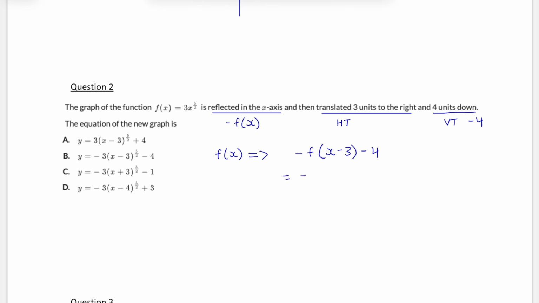So I will get minus 3 of x minus 3 to the power of 5 over 2, minus 4. And you can see already with the multiple choice, the minus 4 is only captured in answer B. So therefore our answer is going to be B.